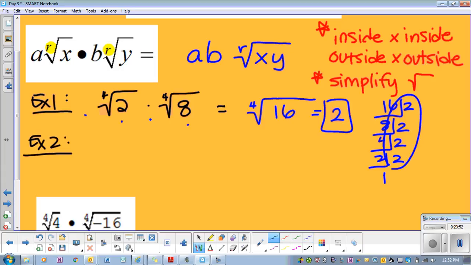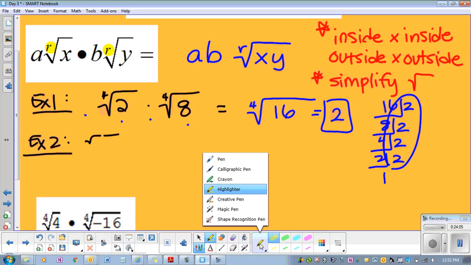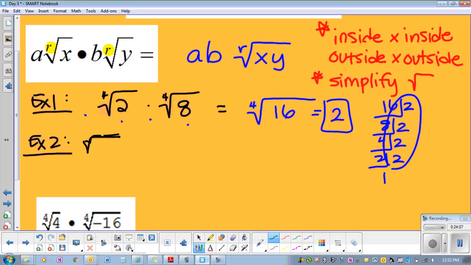All right, let's try another example. Oh no, not negative 3, sorry. Okay, square root of 3 times the square root of negative 6.